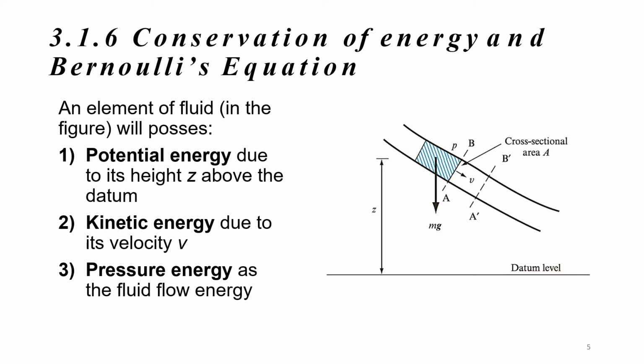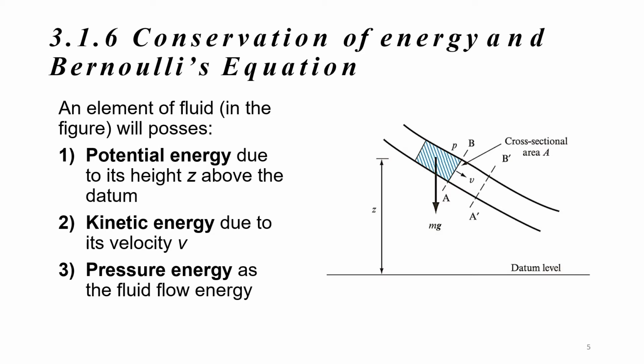Okay, what is conservation of energy? Conservation of energy states that energy cannot be destroyed and it can only be transformed or converted into different types of energy. So these are the three types of energy involved in fluid flow, which is potential energy.